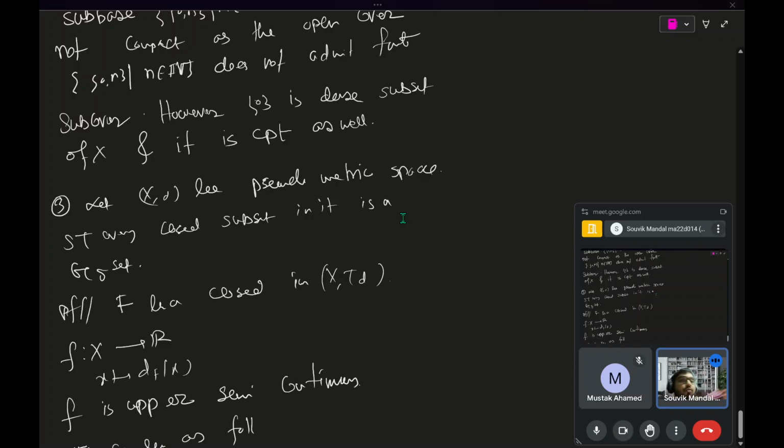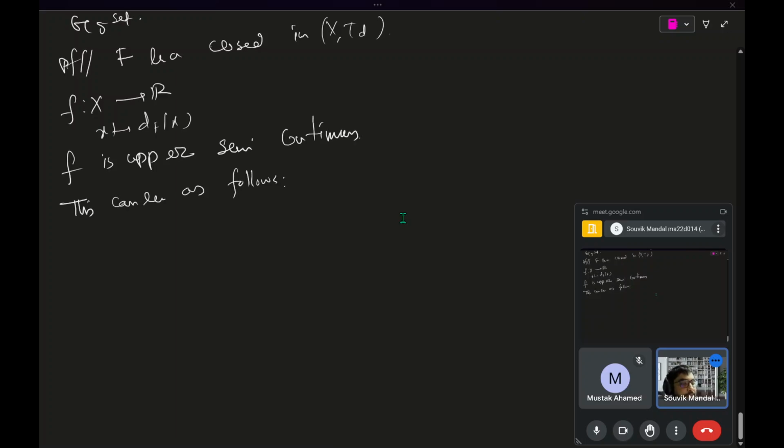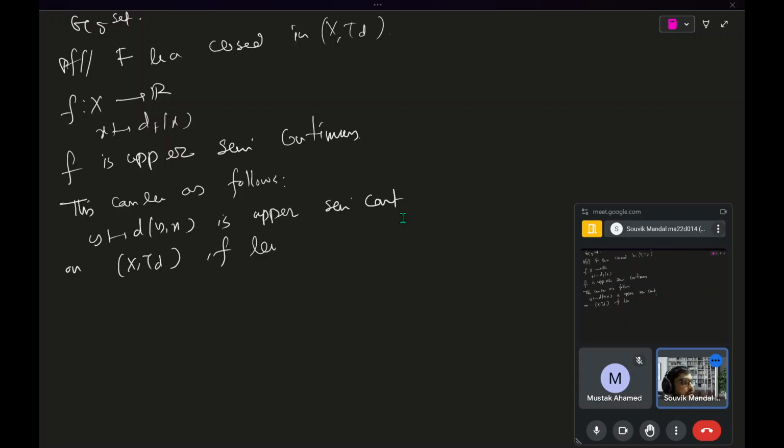Of course, one way is to go directly by the elementary method, and the other way is to observe that each function y goes to d(f, y) is upper semi-continuous on (X, tau_d), and the infimum is upper semi-continuous.